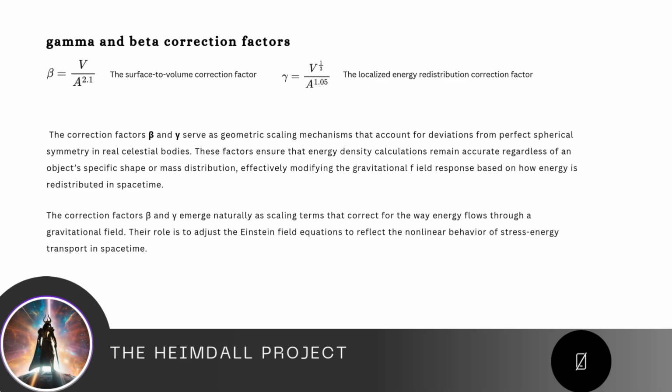Their role is to adjust the Einstein field equations, which I was just talking about, to reflect this non-linear behavior of stress energy in space-time. And you'll see those in action. It's not just there as a correction.